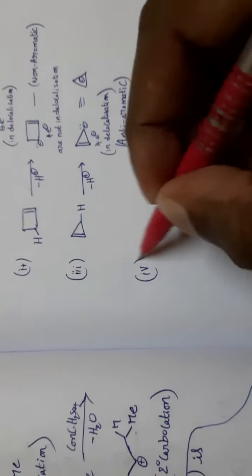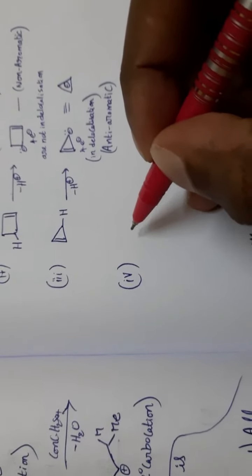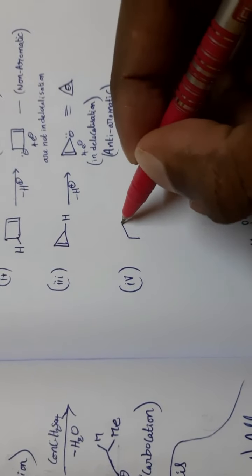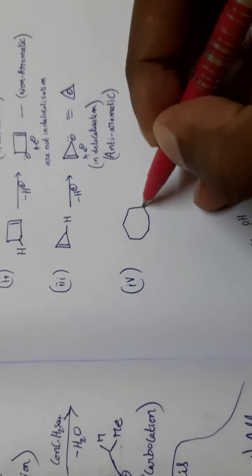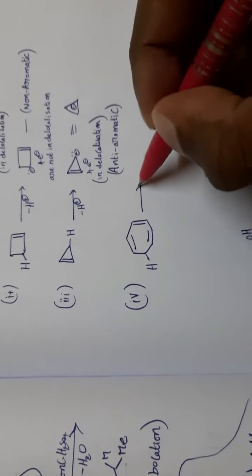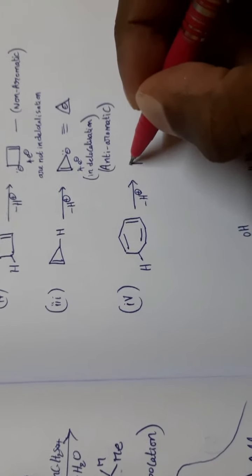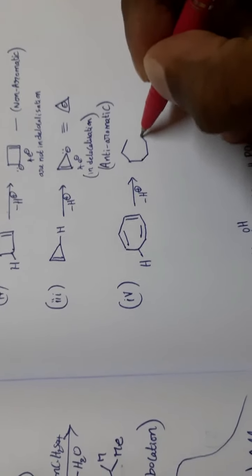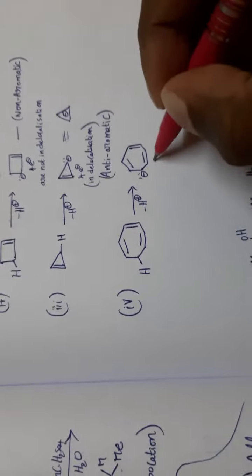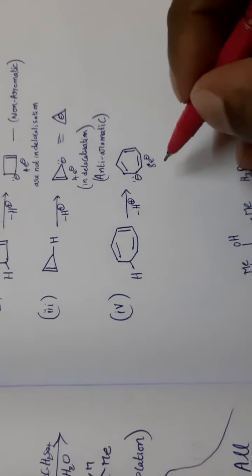Next, fourth one. What is this? Cycloheptatriene. See this? This compound, by donating proton, we can get this anion. Here 8 electrons. 8 electrons in delocalization.